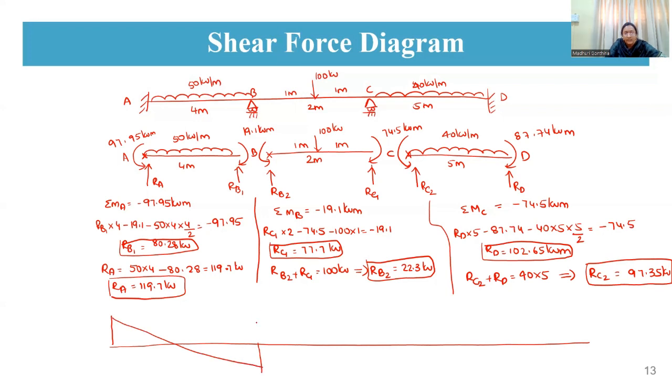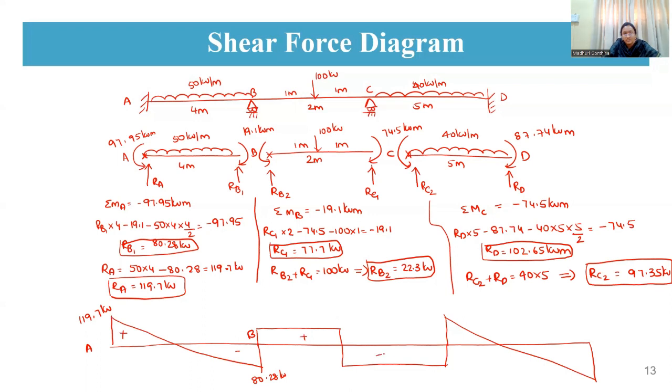So this is one. And RB2 is here again a point load. So it is 22.3 and again here you are getting 77. Again RC2 you are getting 97. Again RD you are getting 102. So I'm just writing the values. So this is 119.7 kilonewton. This is A point. And again RB1 you are getting 80.28 kilonewton.